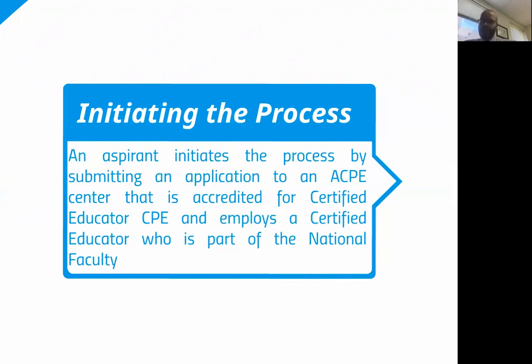If you haven't supervised SESs in the past 3 years, there will be a process by which you will be educated to become part of the national faculty and work with our CECs, okay? So an aspirant who is interested applies to a center and makes sure that center has a certified educator who is part of the national faculty.